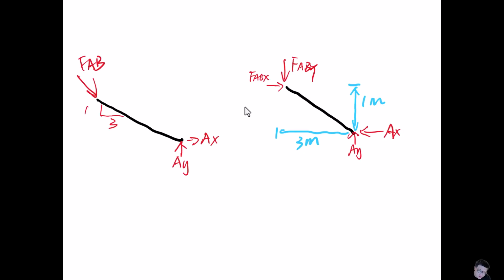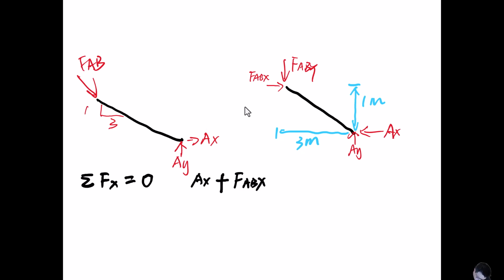Our first equation, here we don't have to start with sum of the moment equals 0. We can just write sum of x equals to 0, which is AX plus FABX, okay?